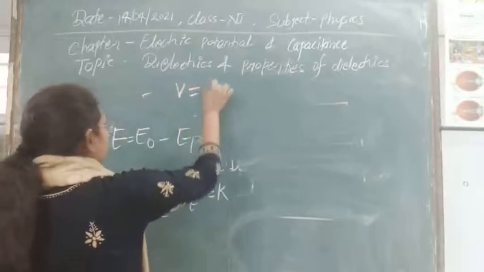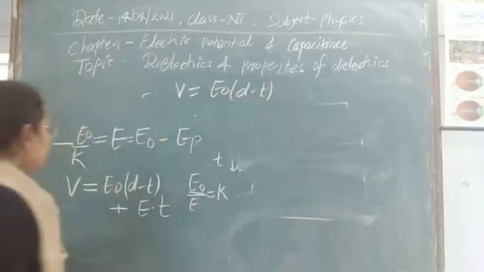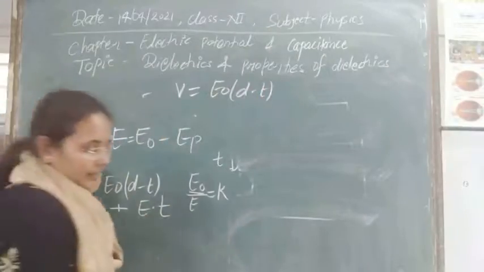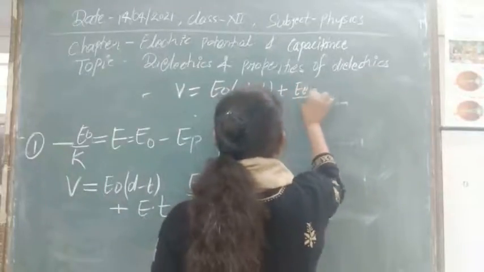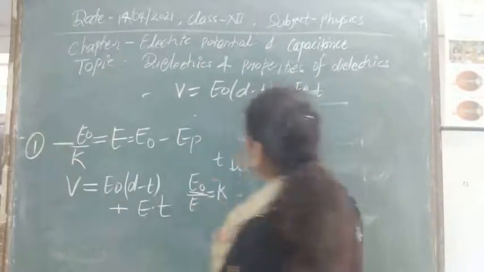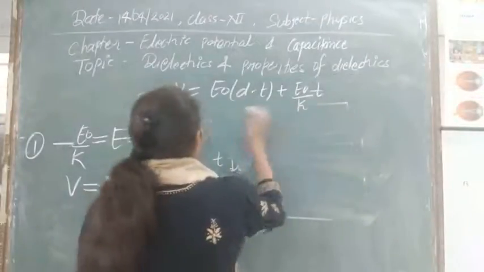Now V is equal to E0 into d minus t, and in place of E we can write E0 by K into t. We have just calculated that, and now let's solve it.